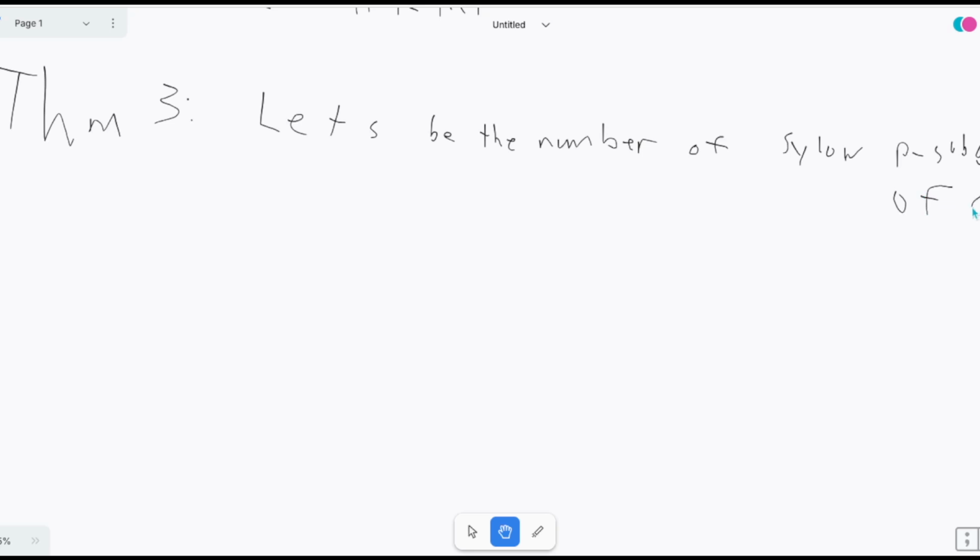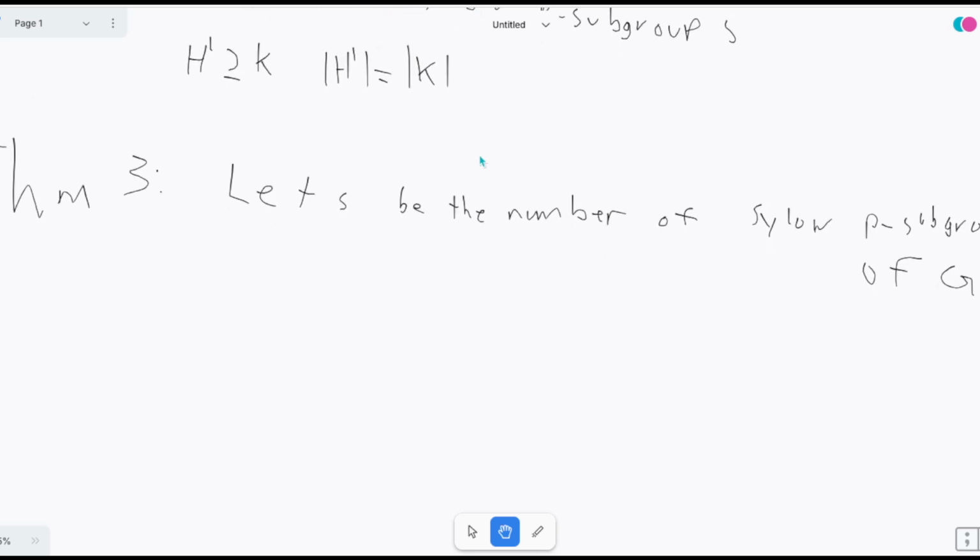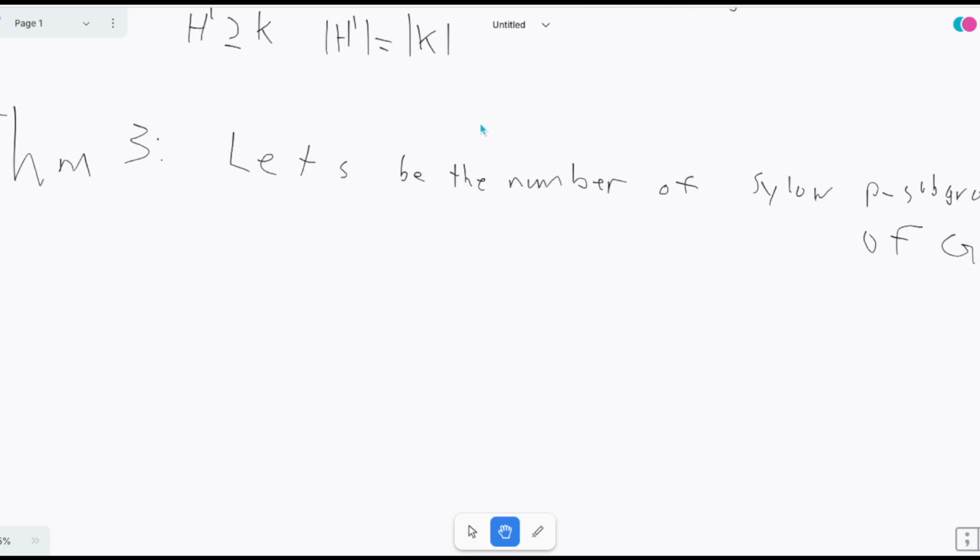I should probably say explicitly in all this I'm using the same notation where p^e times m is equal to the order of G and m is coprime with p. So if S is the number of Sylow P-subgroups, then S divides m, and S is 1 mod p.